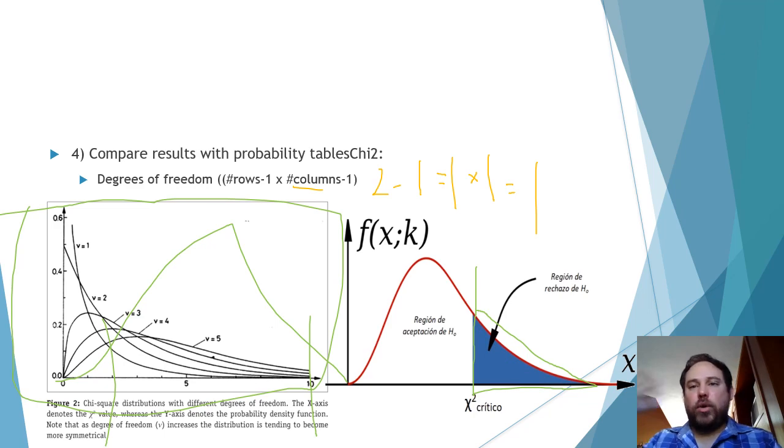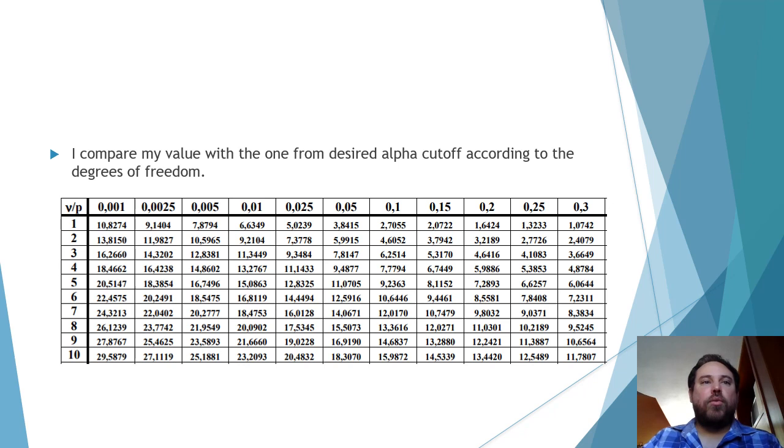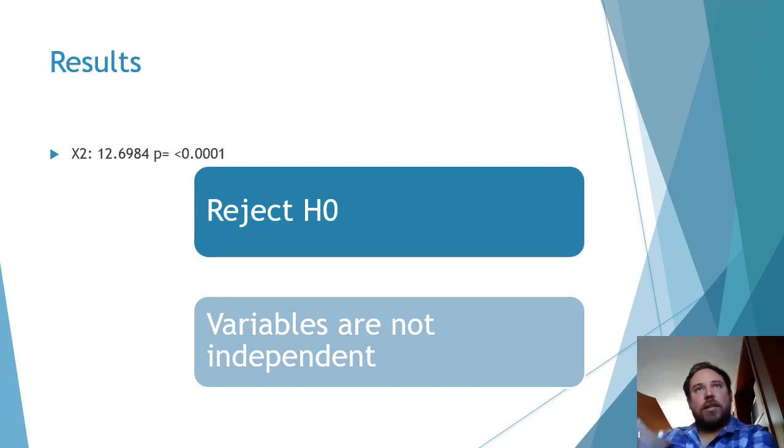In this case, we're going to compare the value in the probability table. We have 1 degree of freedom, right? I want to use 0.001 as my p-value, and the critical value is 10.82. Ours is bigger, therefore ours is on the right side of the distribution, and we're going to reject the null hypothesis, okay?